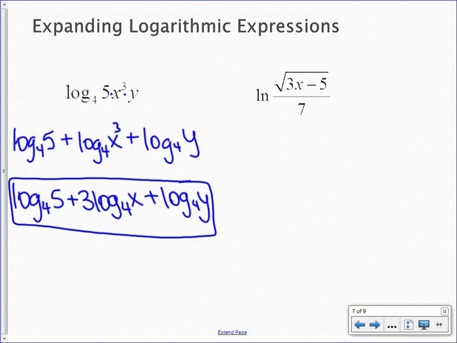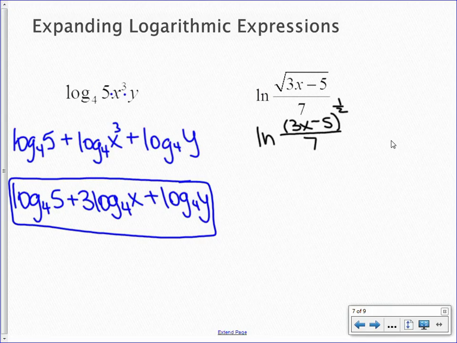Square root. Anytime you see a radical, it needs to be rewritten. Instead of square root, what would we need to write instead? The 1/2 power. So I would want you to think of this as the natural log of (3x minus 5) to the 1/2 power over 7. Okay?